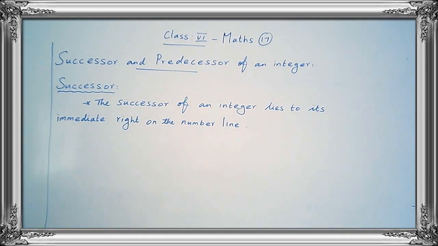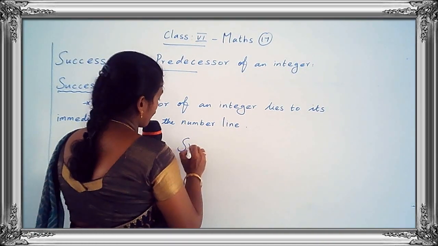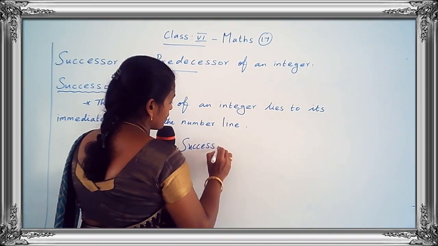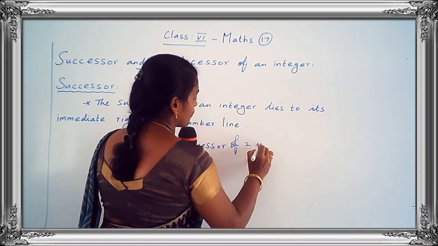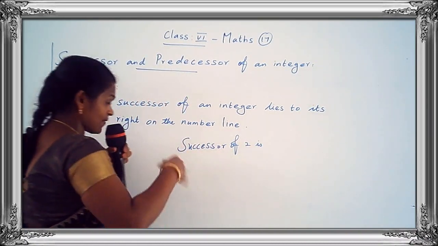The successor means the number that comes just after a given number. This we already know. For example, successor of 2: the given number is 2, so the successor is 3. The successor is the next number after the given number.